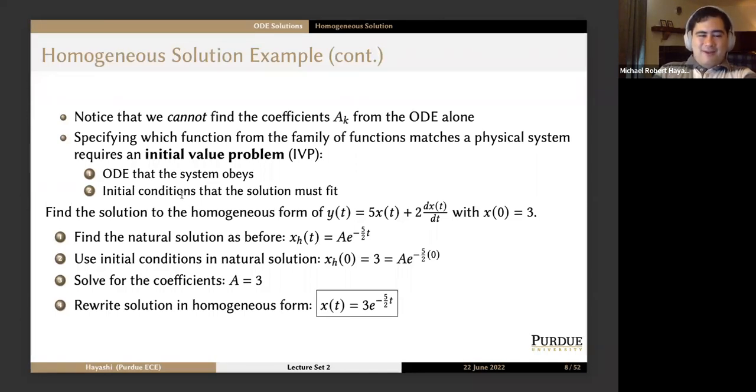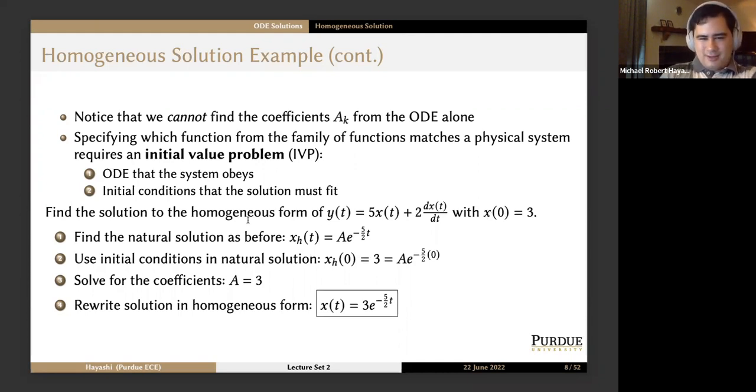So now if I say find the solution to the homogeneous form of y of t equals 5x of t plus 2 dx of t dt with x of 0 equal to 3, now we can eliminate the ambiguity of the coefficient a. So we'll find the natural solution as before.